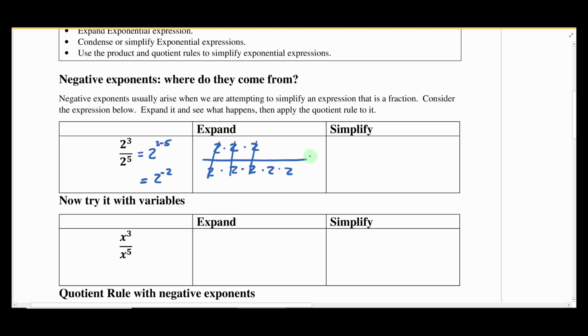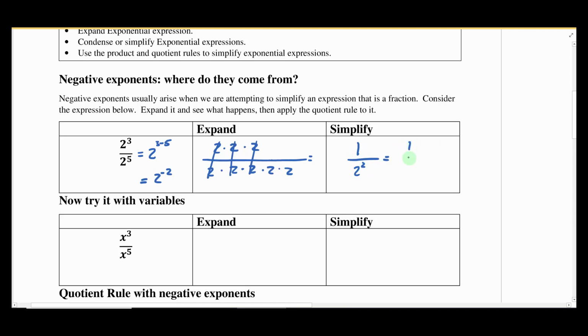So in the top, if I were to write this in its simplified form, we would have 1 times 1 times 1, which is 1. And in the bottom, we have 1 times 1 times 1, which is just 1. But then really all we have left is 2 times 2, which is the same thing as 2 squared. And then we can simplify it a bit more because we can evaluate 2 to the second. 2 to the second is just 4.